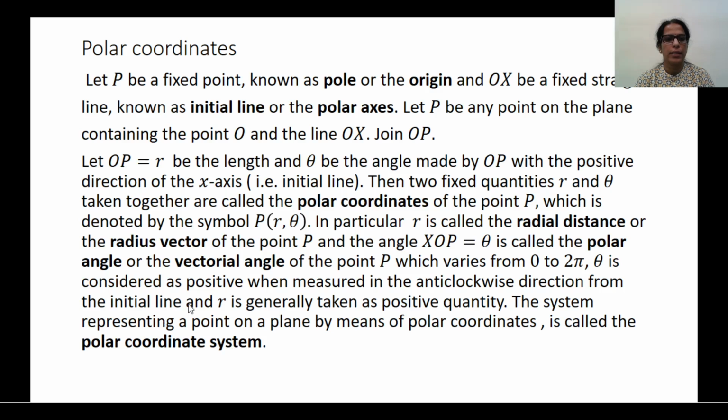Theta is considered as positive when measured in the anti-clockwise direction from the initial line, and r is generally taken as a positive quantity. The system representing a point on a plane by means of polar coordinates is called the polar coordinate system.